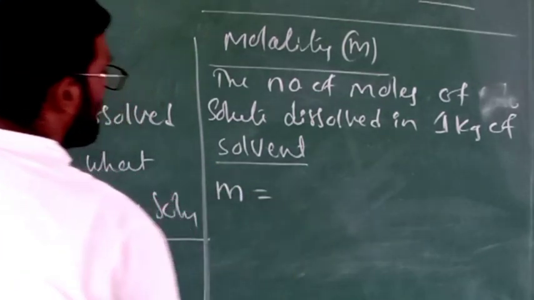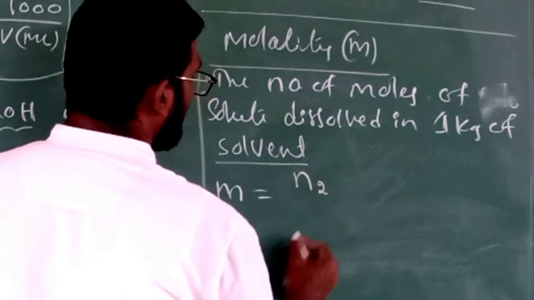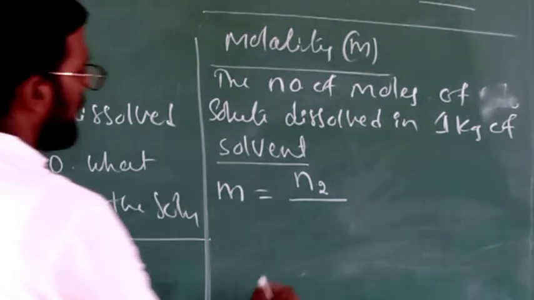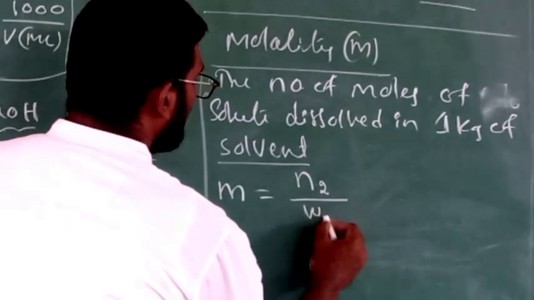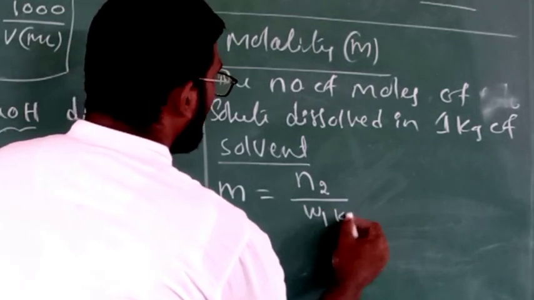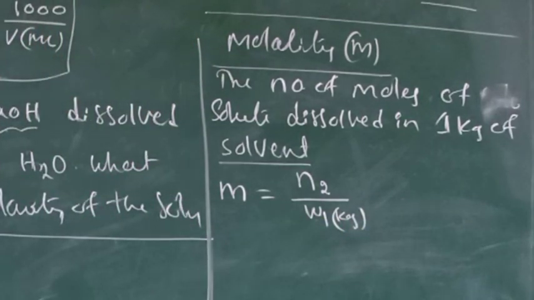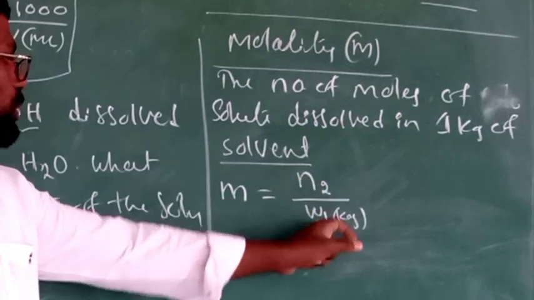Molality, small m, is equal to the number of moles of solute, n2 I can write, because the solute I am going to represent with the digit 2, divided by the mass of the solvent, W1, in kg. Here W is for mass, 1 is for solvent. W1 means mass of the solvent in kilograms.